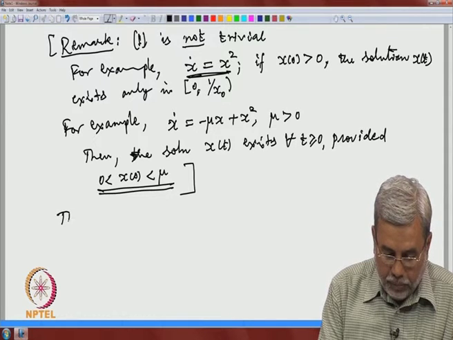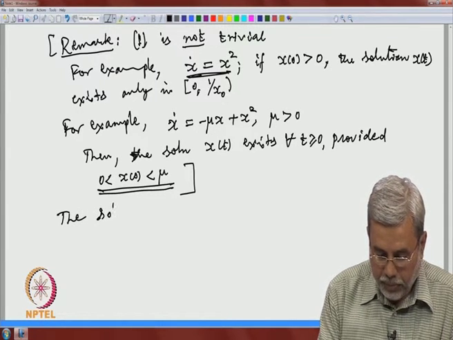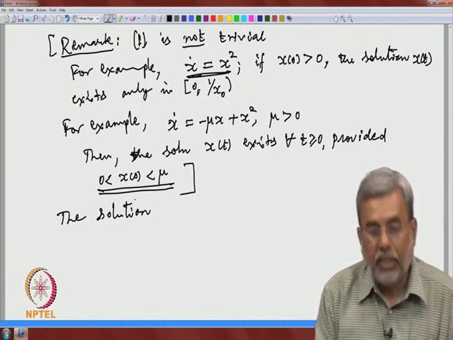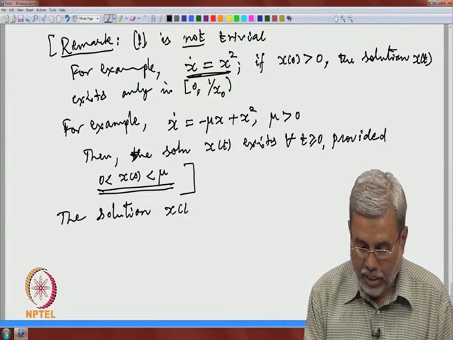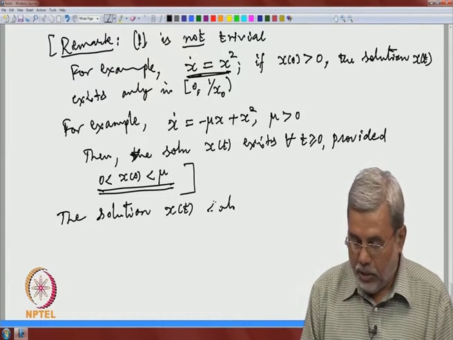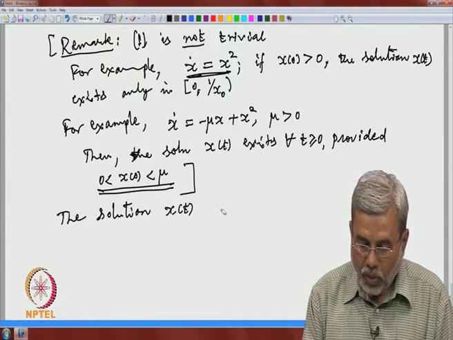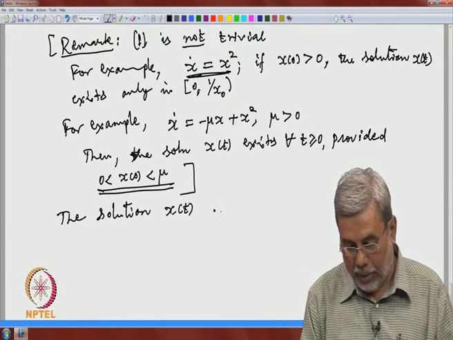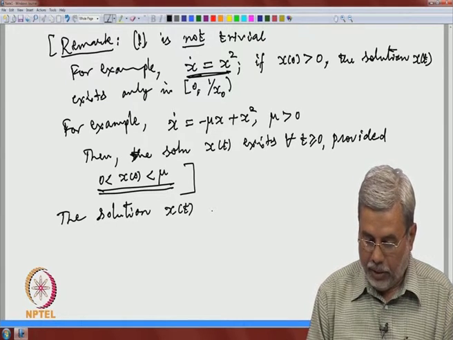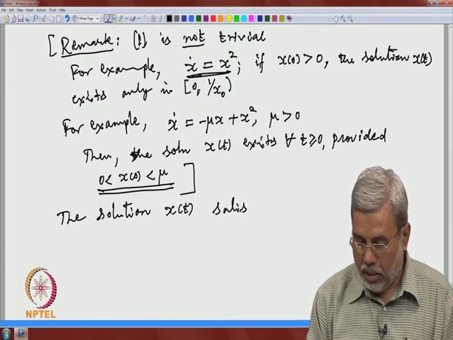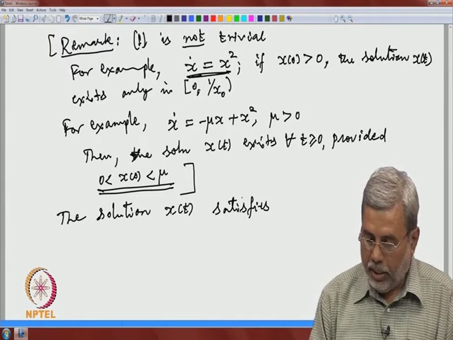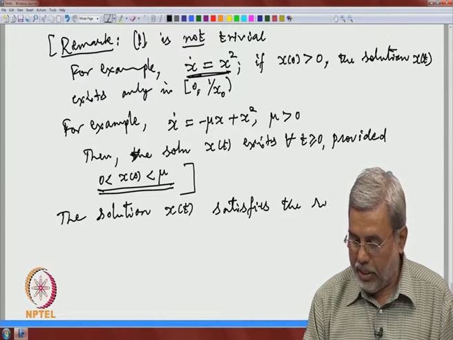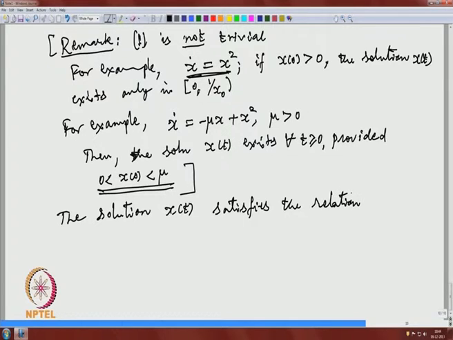The local solution, which I know exists for a short time, on (0, t star), x(t) satisfies, again you recall, we proved the existence by converting the given differential equation into an integral equation, and I am going to write the same thing. x(t) satisfies the relation x(t) equals e to the tA x 0.